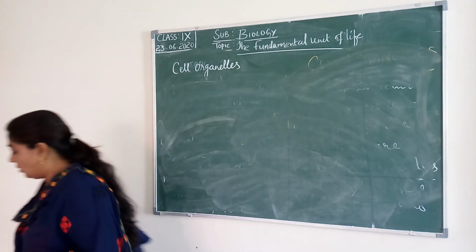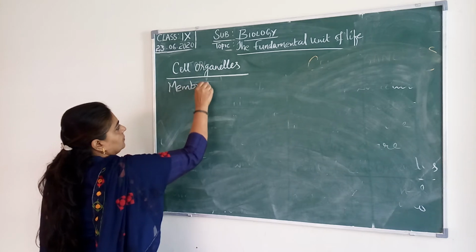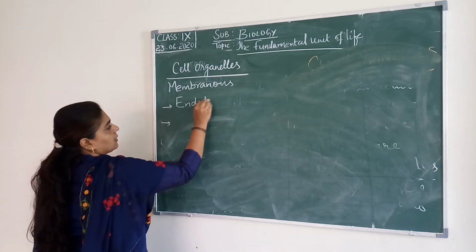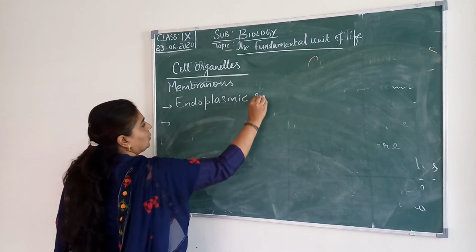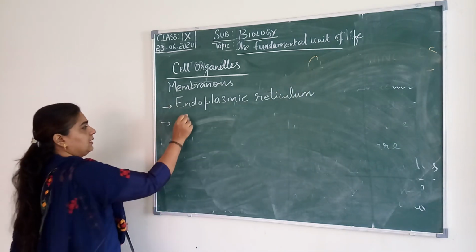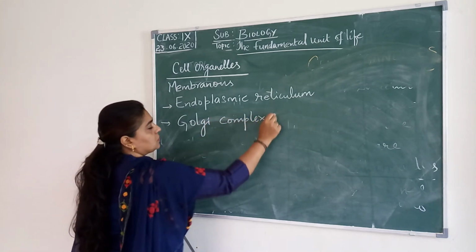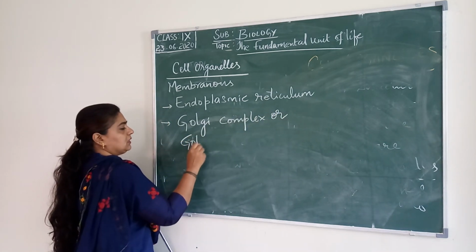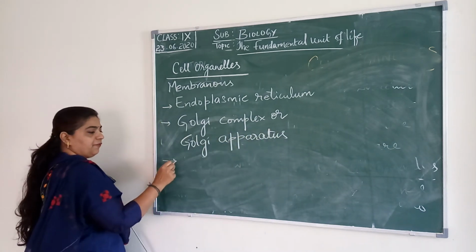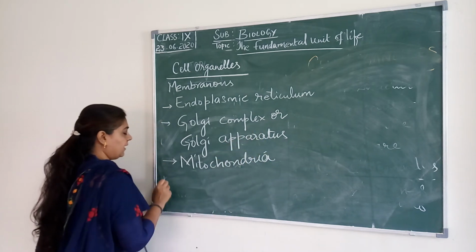Let us find out the membranous organelles. They include the endoplasmic reticulum, the Golgi complex, also referred to as Golgi apparatus or Golgi bodies, and our favorite, the mitochondria. You know why mitochondria is important?